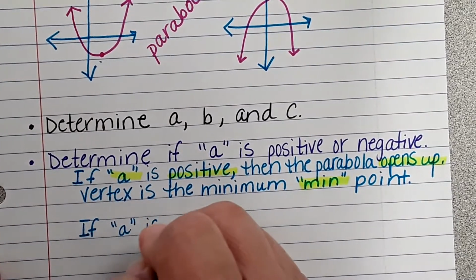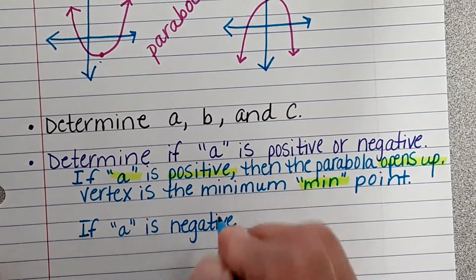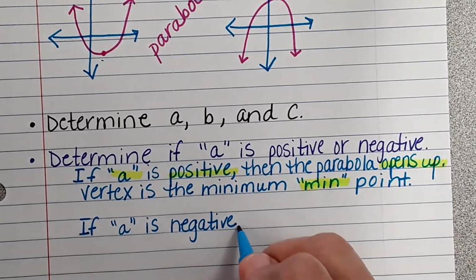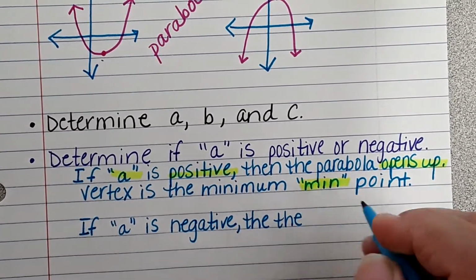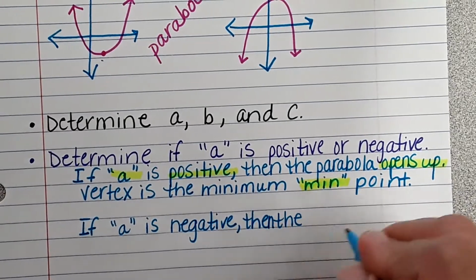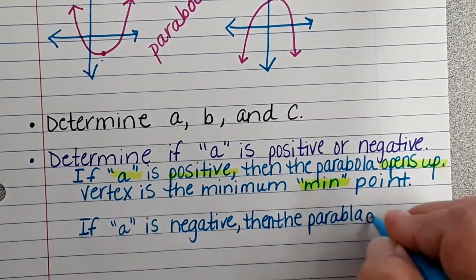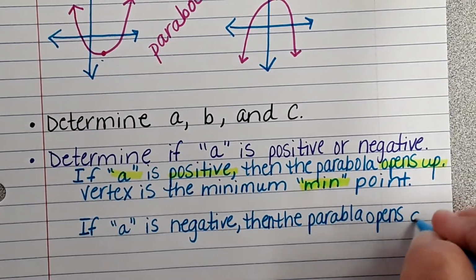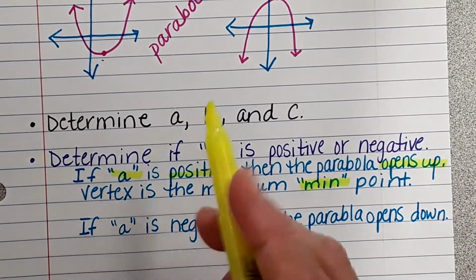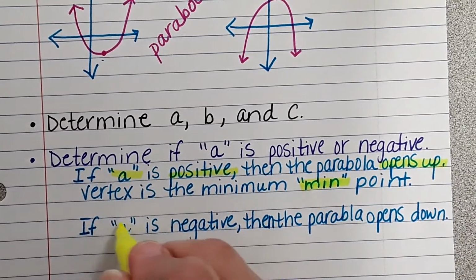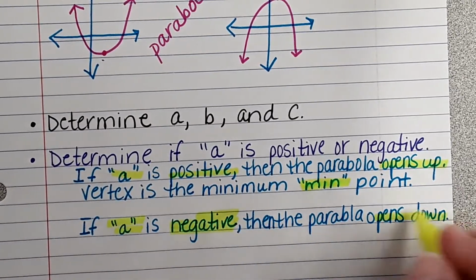If A is negative, then the parabola opens down.